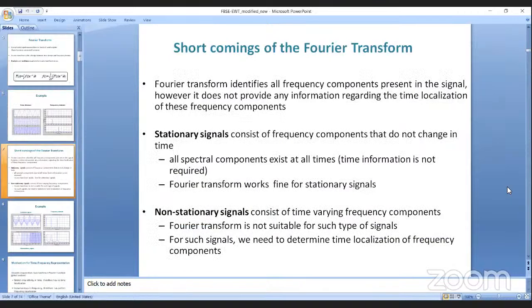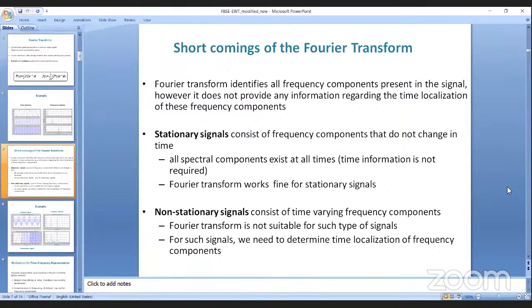One of the major shortcomings of the Fourier transform is that it is able to identify all frequency components present in the signal, but because, as we have seen, when you integrate over time, there is no time in the frequency domain. So the frequency domain doesn't have any time domain information.